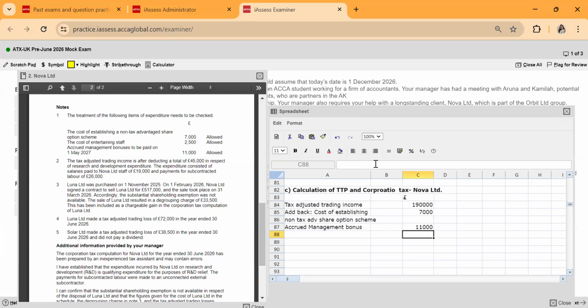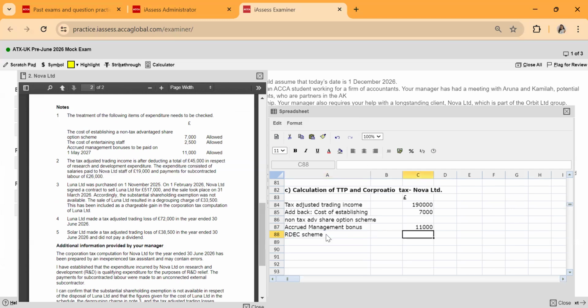If you remember, that RDEC is only applicable for 65%. Yes, so it is only 65% that is allowed, right? So here, what will be the allowed expenditure? 19,000 will be full salaries, but the payments for the subcontracted labor will only be allowed for 65%. So here, how much is the disallowance? The difference is the disallowance. So here I will write for RDEC scheme.